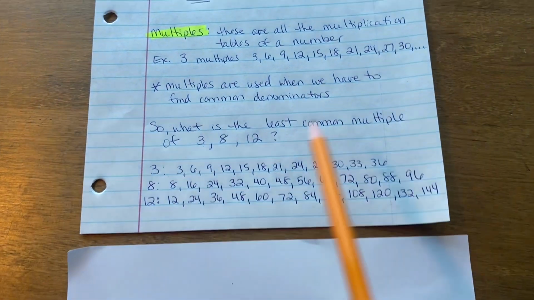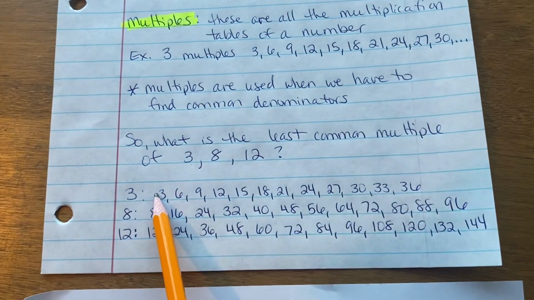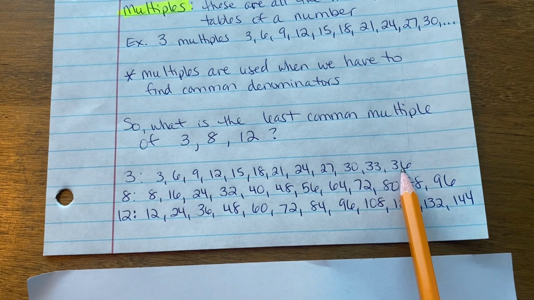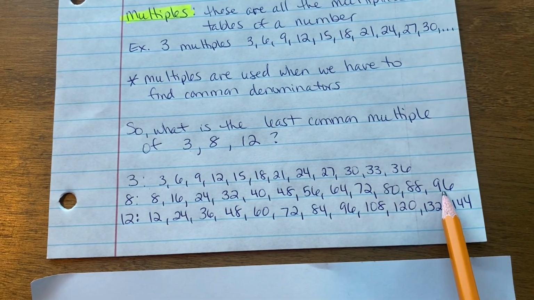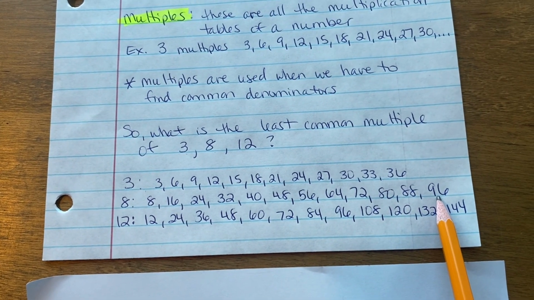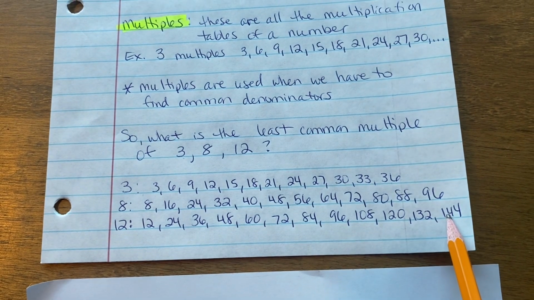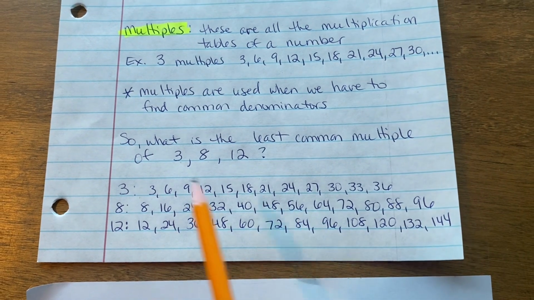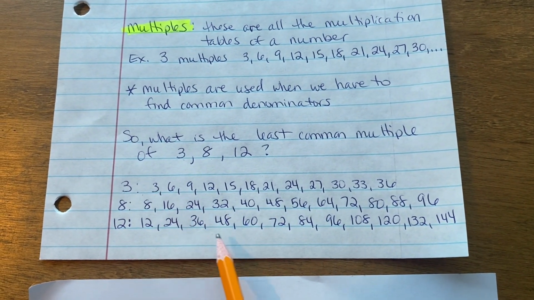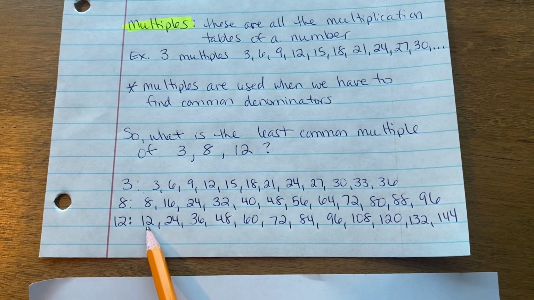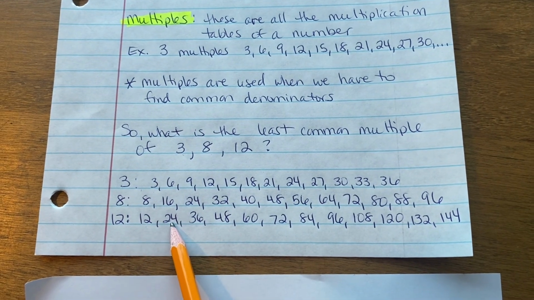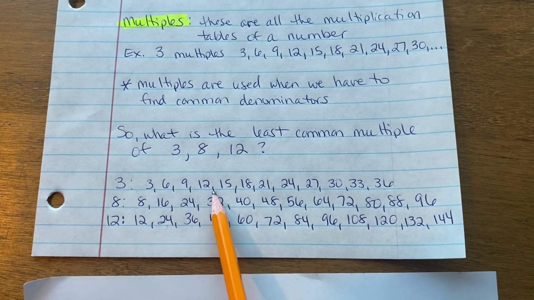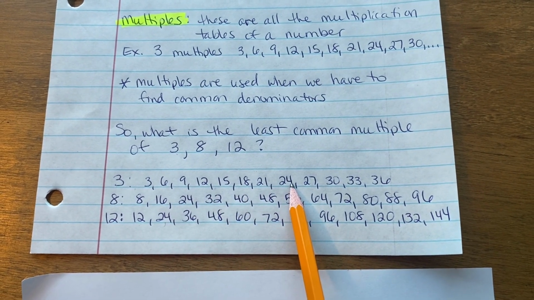So here I wrote the multiplication tables of 3 up to 3 times 12, of 8 up to 8 times 12, and of 12 up to 12 times 12. When we look through, you've probably figured it out by now. The first multiple they have in common is 24, 24, and 24.